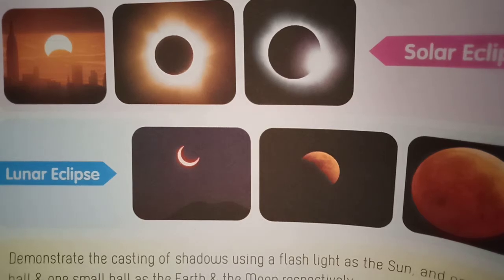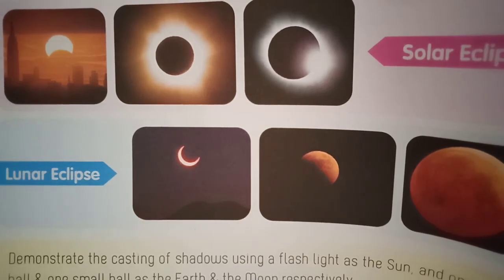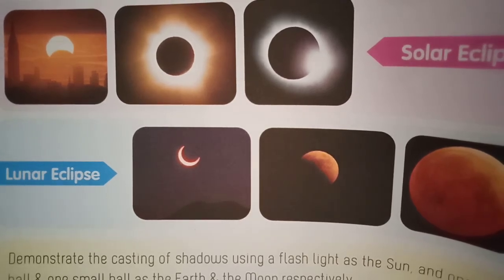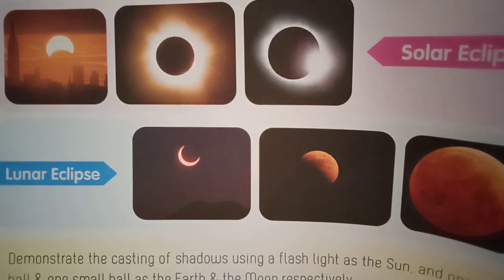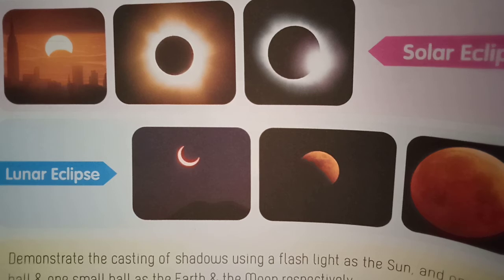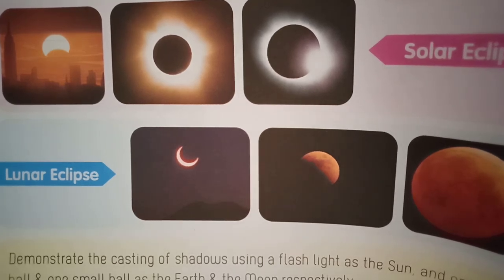Eclipse means obscuring, not clearly visible, of one celestial body by another. These occur when the sun, the earth and the moon are in a straight line. In the first picture, a small part of the sun is invisible.